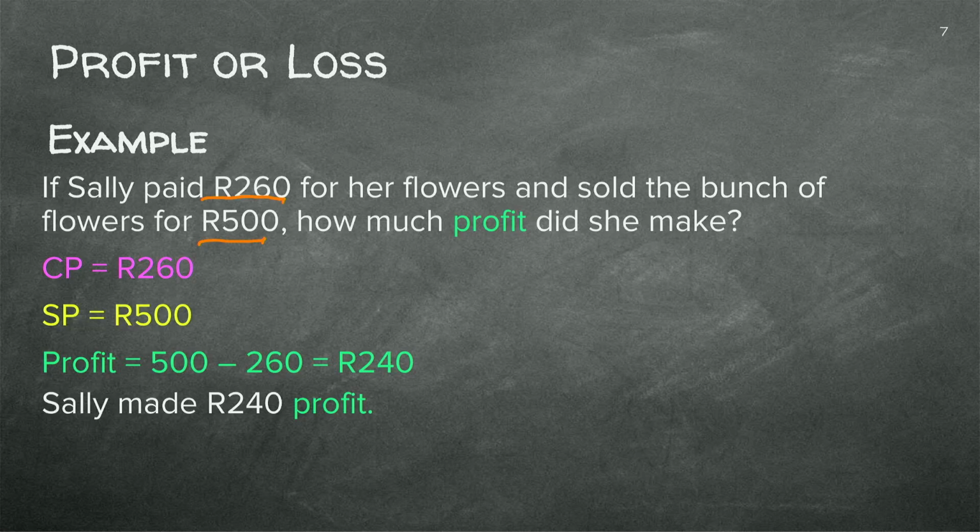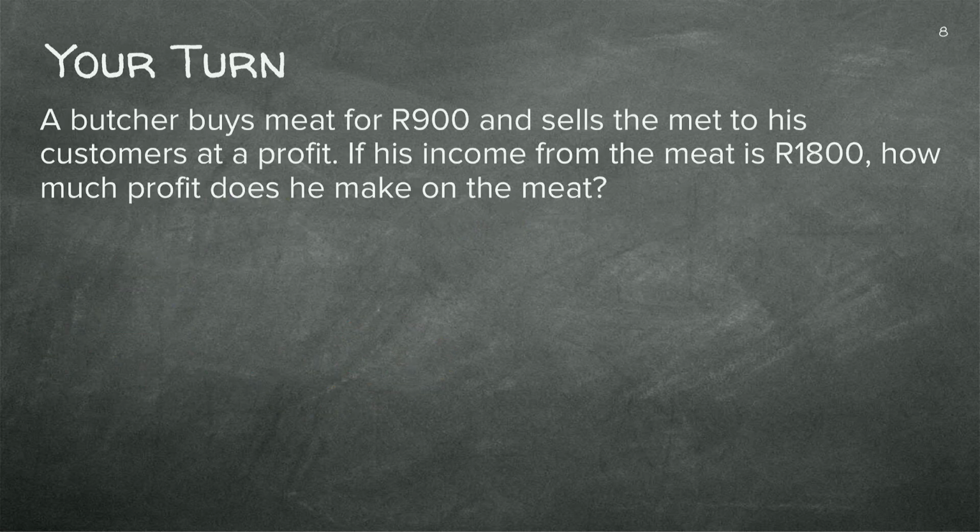So if you get this type of question in a test, you know your cost price was 260, the selling price was 500, so the profit will then be 500 minus 260, so the profit will be 240 Rand. And then you must write, Sally made 240 Rand profit. Cool.